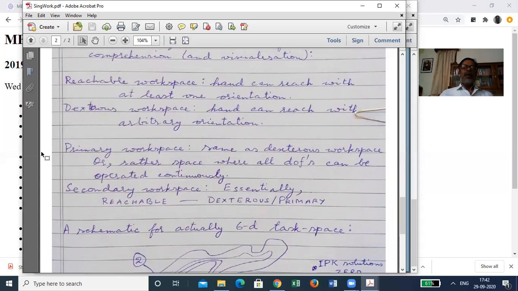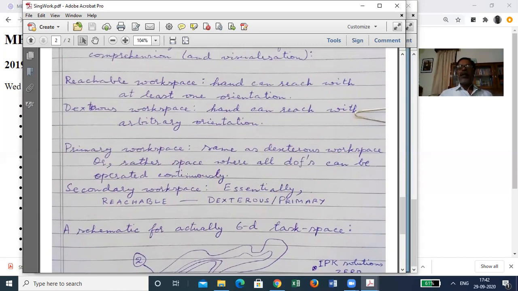Okay. In another classification, people talk about primary workspace and secondary workspace. Primary workspace is basically dexterous workspace in which it can do everything. Okay. So this is the same as dexterous workspace. You can say that primary workspace, rather, is that region in the task space where all degrees of freedom of the manipulator can be operated continuously.